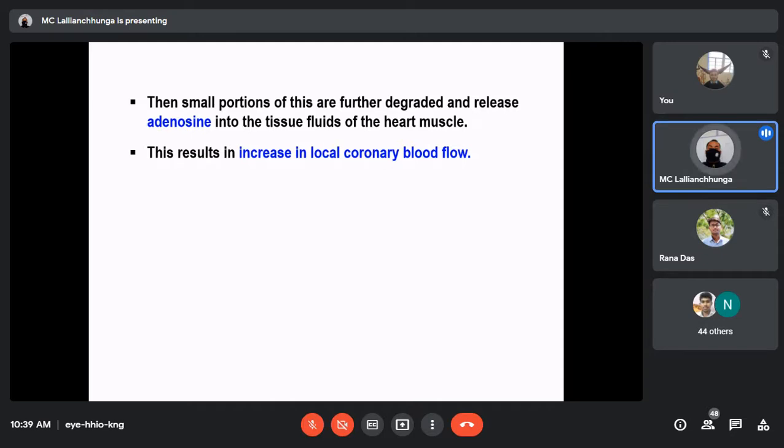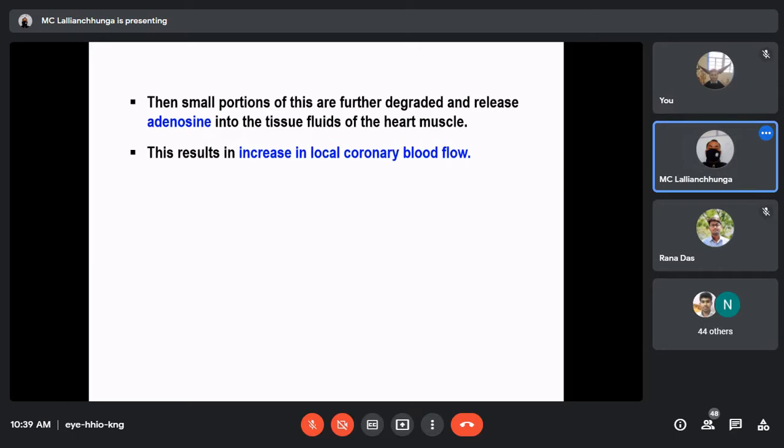So the meaning of this is that when there is low oxygen concentration in the coronary circulation, it will cause release of the vasodilator substances. One of them is adenosine. But adenosine is not directly released like that; it has to be broken down from the ATP.